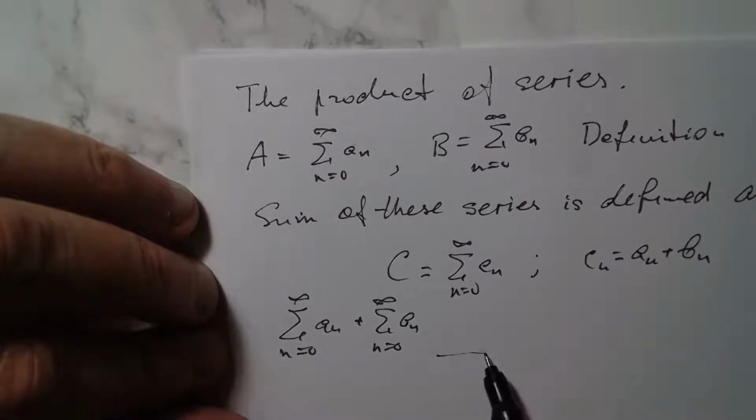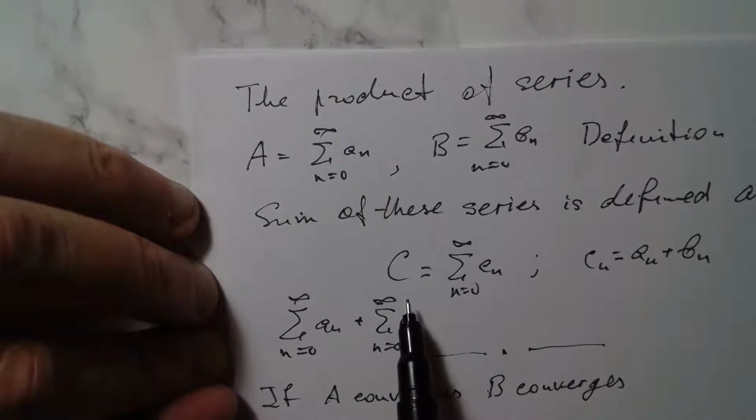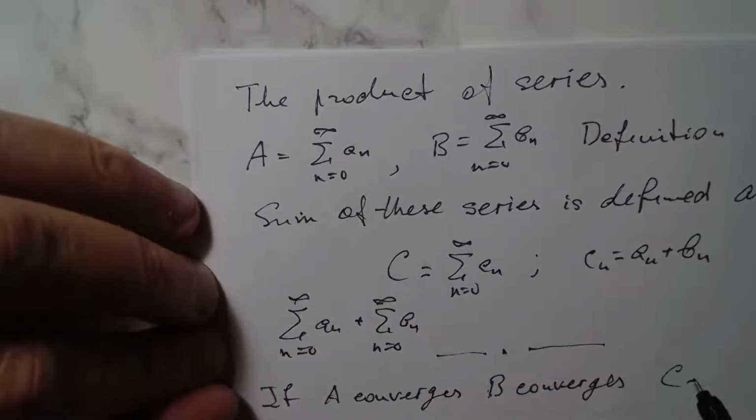Okay. And in the last lecture, I proved that if the series A converges and the series B converges, then the series A plus B, as defined here, also converges.